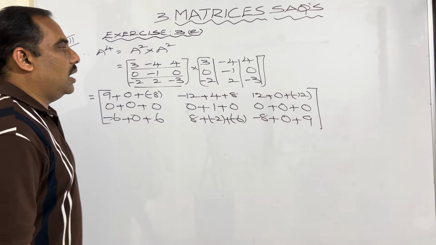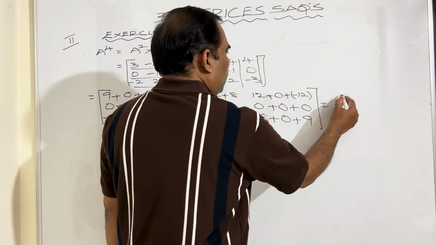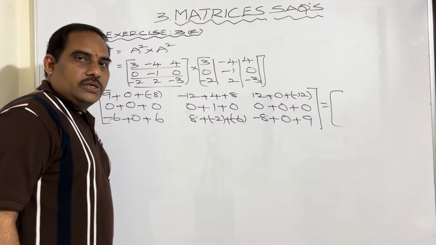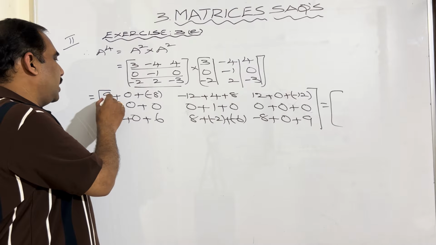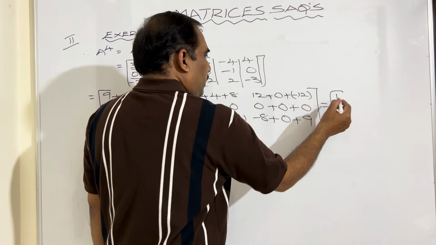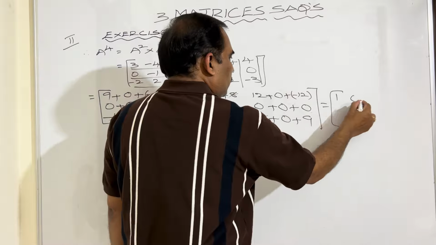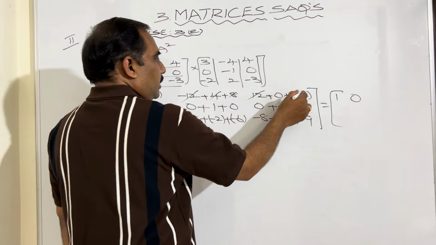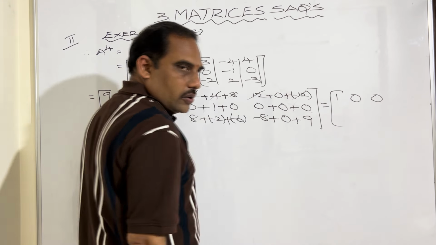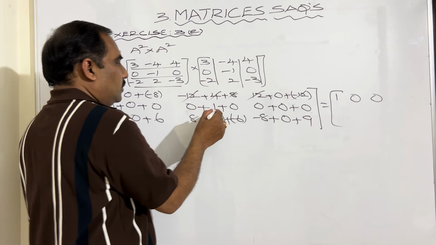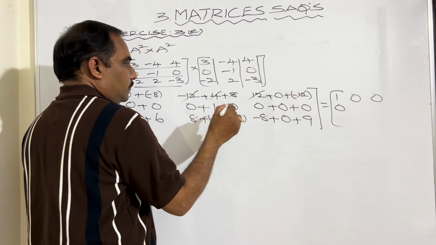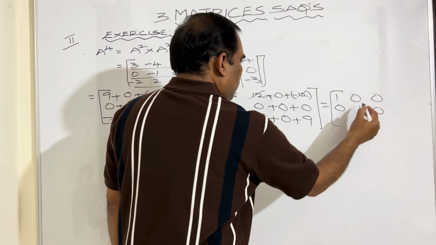See, observe here, A power 4 is equal to, we are getting here 9 minus 8, after simplifying this is 1, and plus 12 minus 12 gets cancelled, this is 0, and plus 12 minus 12 gets cancelled, this is also 0, and here this is 0, and here this is 1, again here 0.